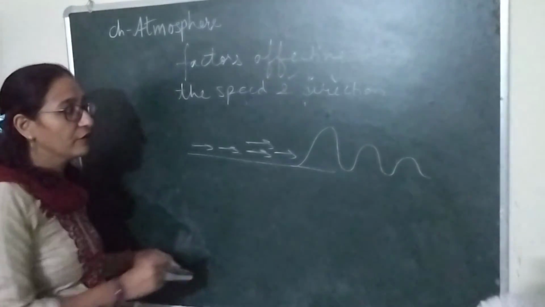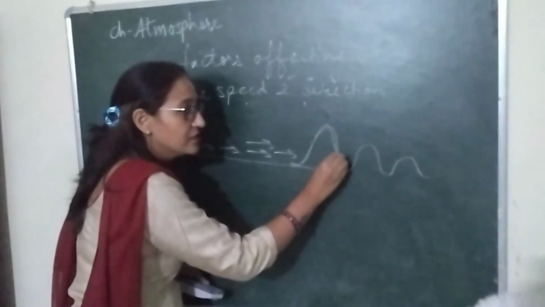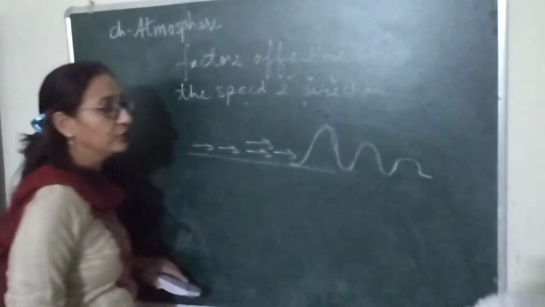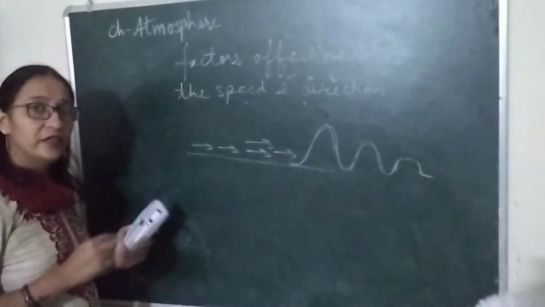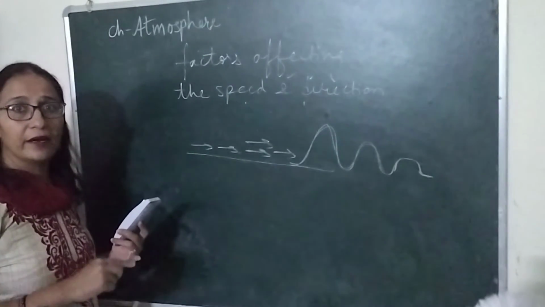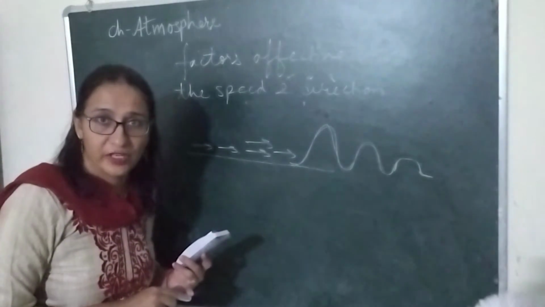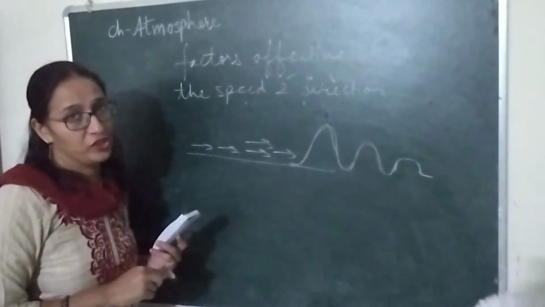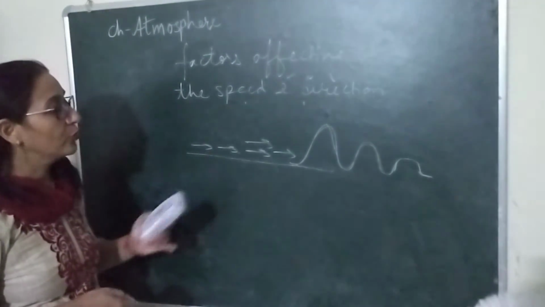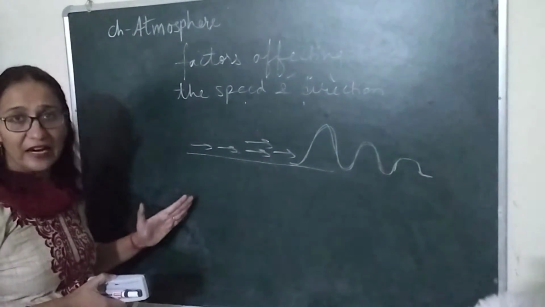Irregularities in terms of if the mountains, hills or plateaus come in the path of the wind, then this unevenness, irregularities causes friction, and due to friction the speed of the wind will be slow. So these are the factors.